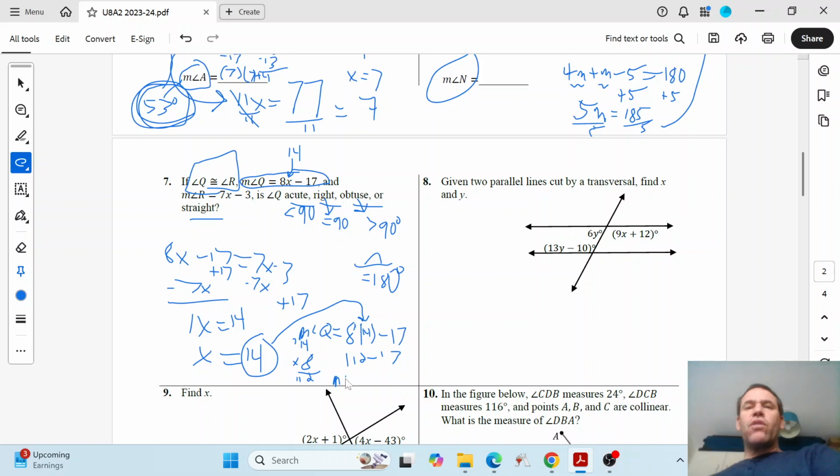So the measure of angle Q is equal to 95, which is greater than 90 degrees. And since it's greater than 90 degrees, then it's obtuse. So the answer for number 7 is obtuse, because it's 95 degrees.